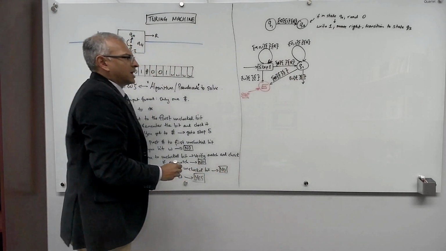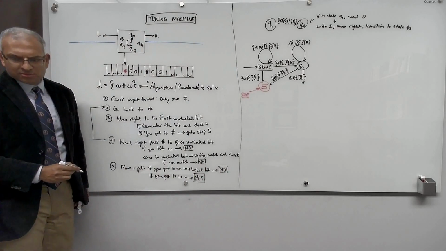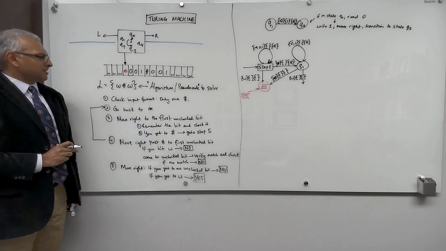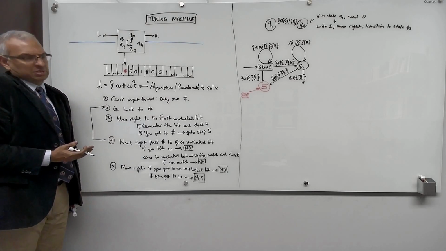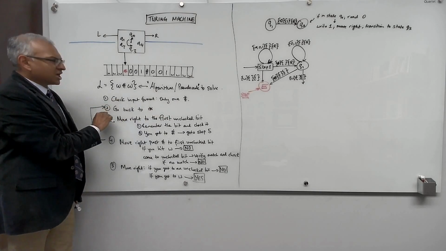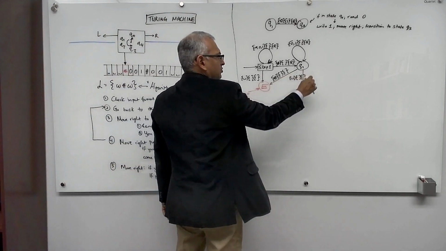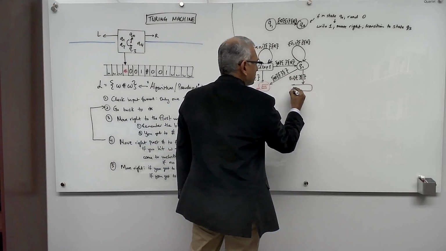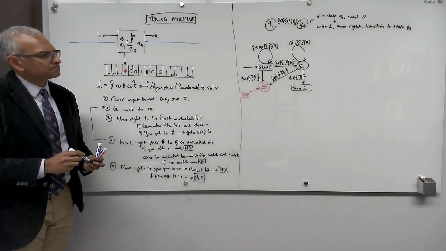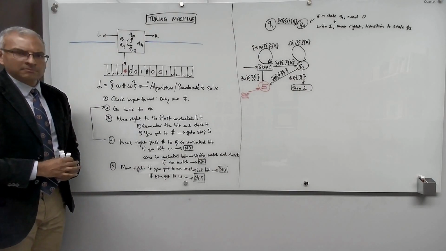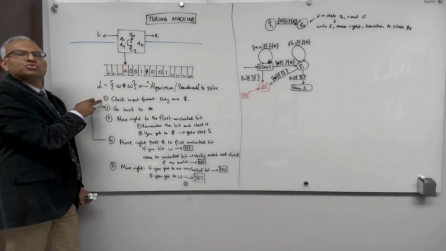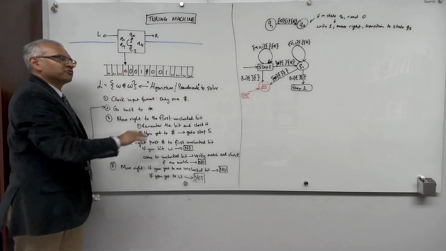We will say that you have checked the input string for 1 pound, and you're ready to start step 2. So transition into the state that corresponds to step 2. And what have we done here? We have just implemented this module, the module which is check the input format.